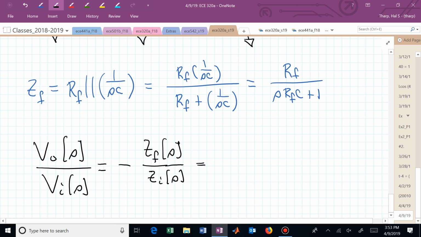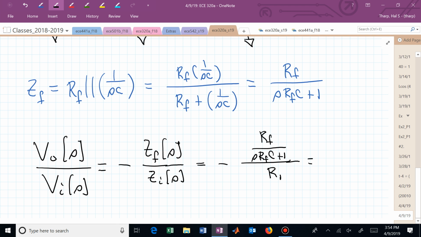In this case, we now have minus R sub f over, you could do it several different ways. That R sub 1 can go up into the numerator of R sub f. It's now R sub f over R sub 1.